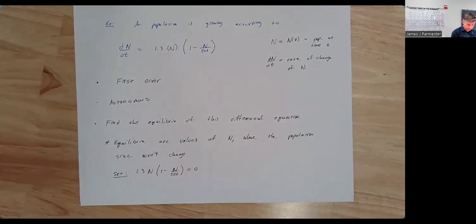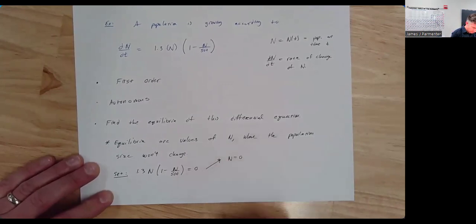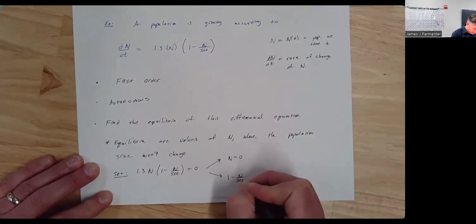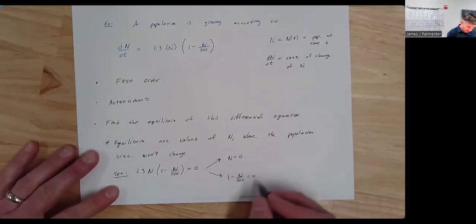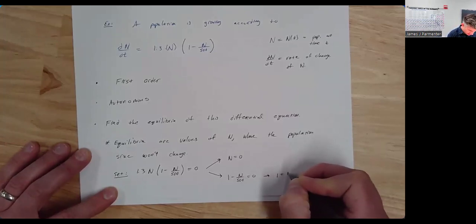One of the solutions is pretty straightforward. We're either going to get n equal to 0, or 1 minus n over 500 equal to 0, essentially setting all of the factors equal to 0. Setting this factor equal to 0, I get 1 equal to n over 500, which means n is equal to 500.